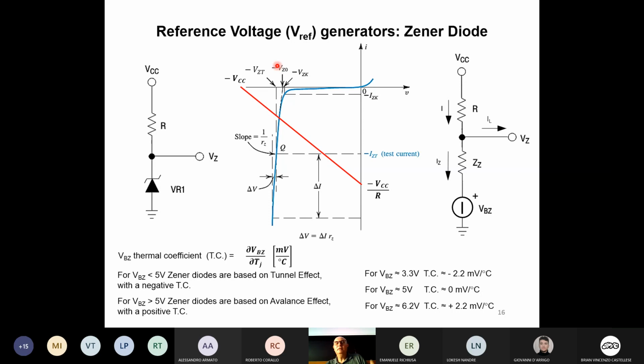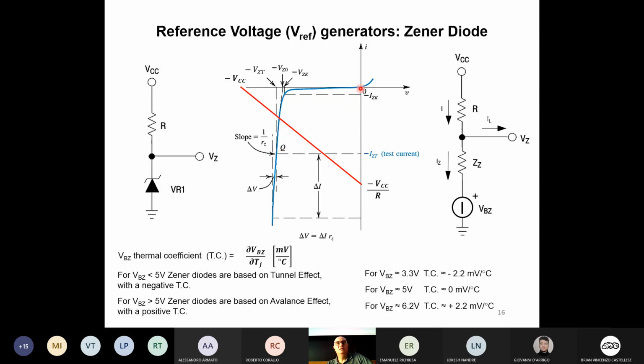Because you have to remember that if we have a certain voltage across the diode and a certain current, for instance consider these lines here, VZT and IZT, that's a possible biasing point for the diode. In this case, the power dissipated in the diode itself is equal to the product IZT times VZT.